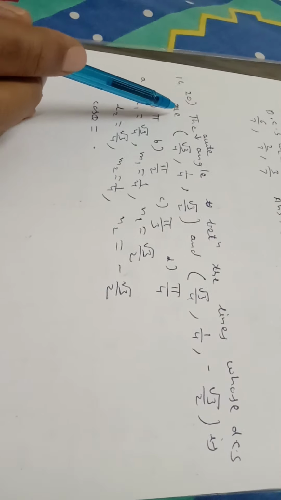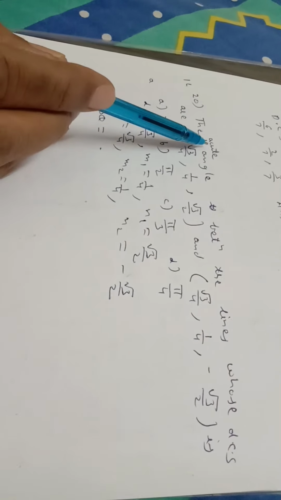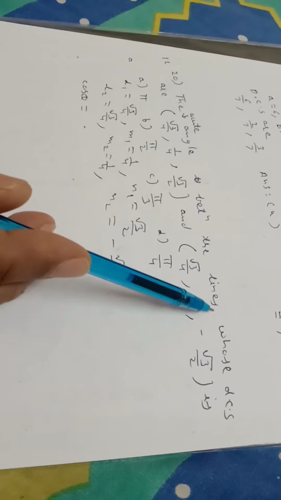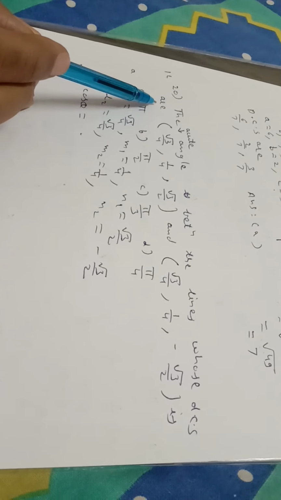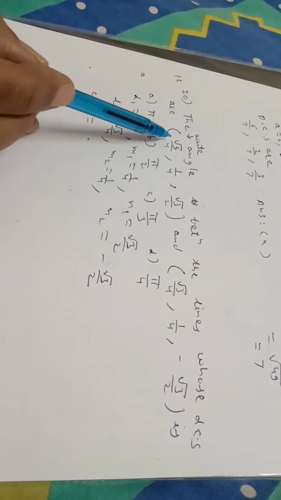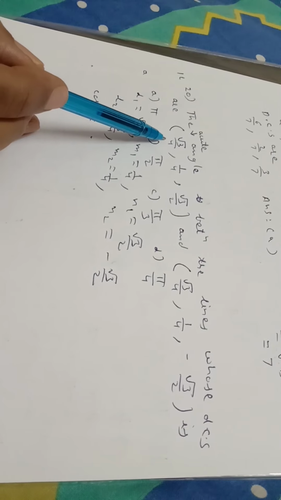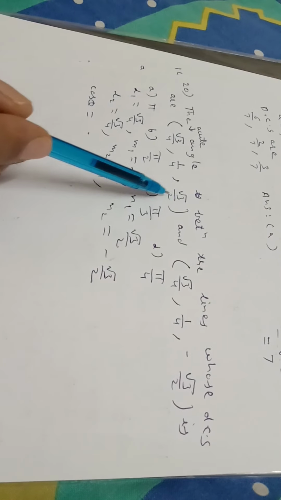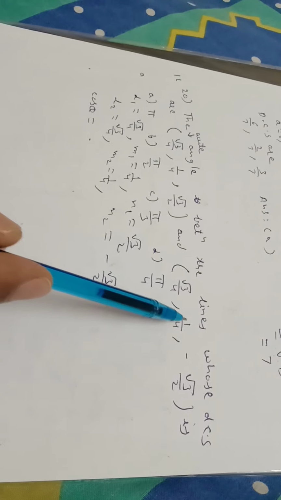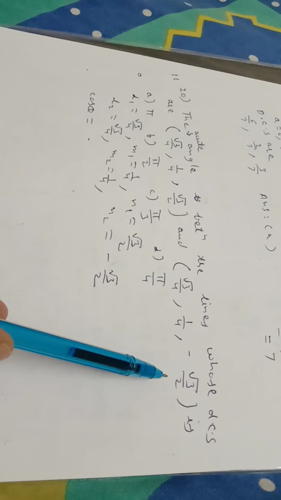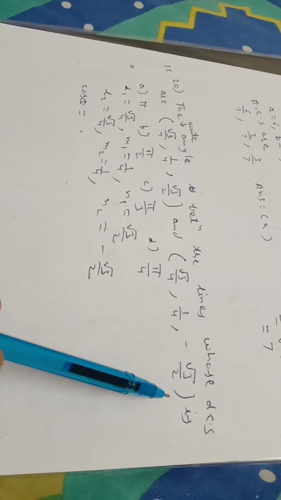Next example. The acute angle between the lines whose direction cosines are (root 3 by 4, 1 by 4, root 3 by 2) in one bracket, and (root 3 by 4, 1 by 4, minus root 3 by 2) in another bracket.